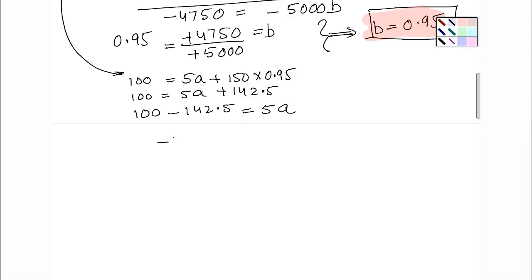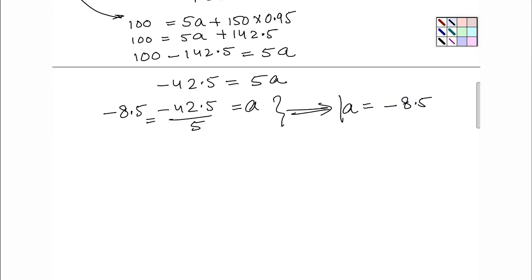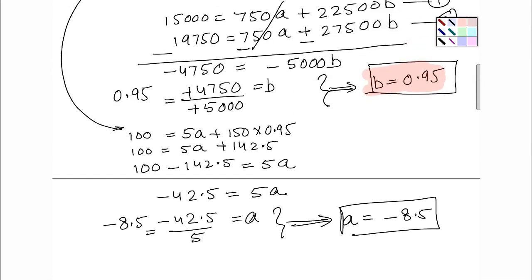When you subtract this, you will get minus 42.5 is equal to 5a, giving me a is equal to minus 42.5 upon 5, and when you solve it, you will get minus 8.5. So this gives me value of a is equal to minus 8.5, right? So we have b as 0.95 and we have value of a as minus 8.5.